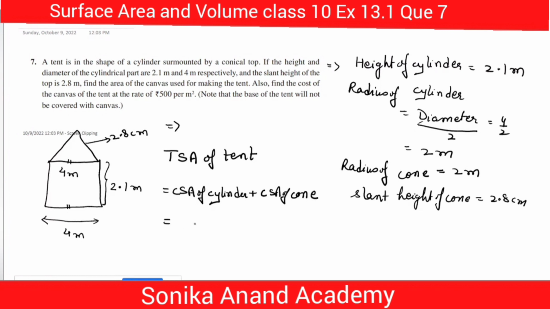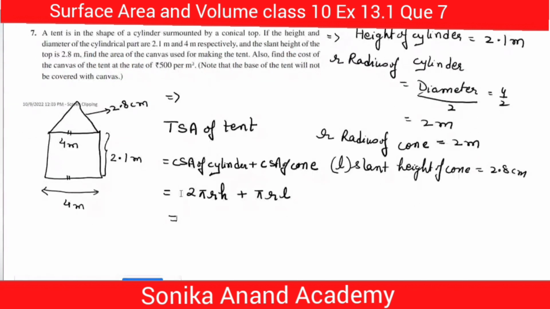So curved surface area of cylinder is 2 pi RH and of cone is pi RL. Now we can see that every data we have, this is height of cylinder, this is radius and slant height is L. So we simply substitute all the values over here.